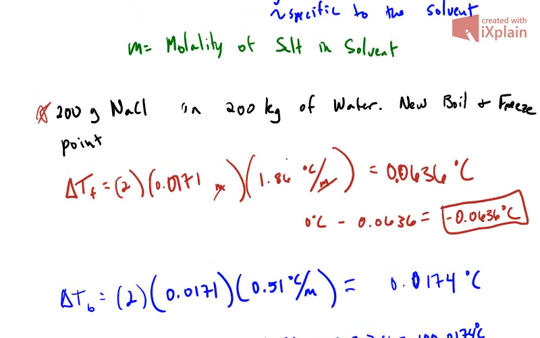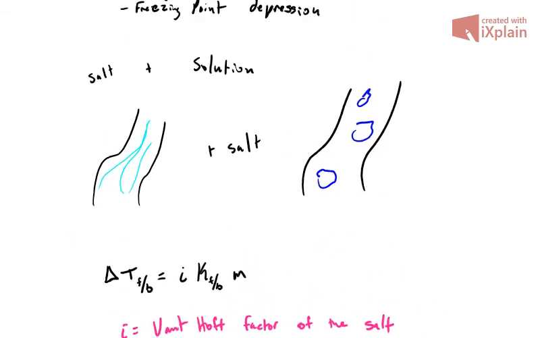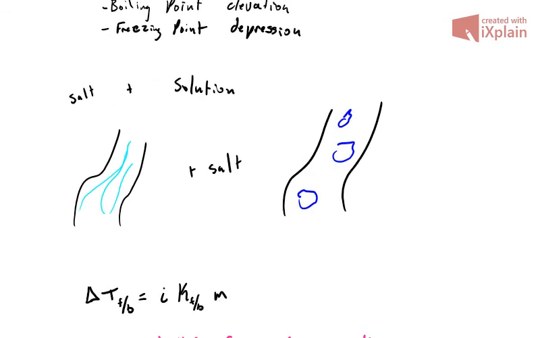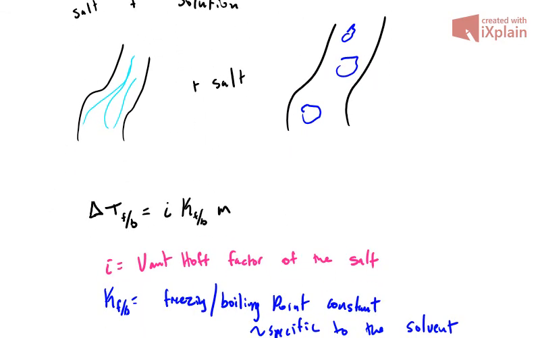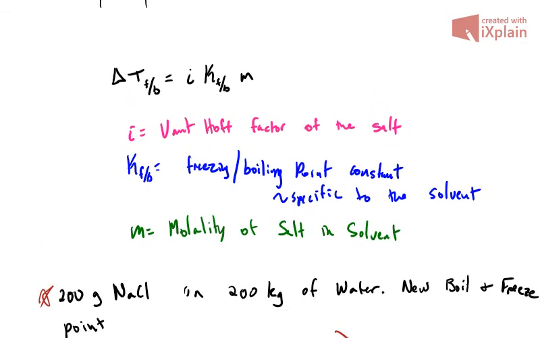This is not a very strong molality solution, so it shouldn't change very much, but that is how you do these calculations. We can find our new boiling points and freezing points. I guess it would be the same thing as the melting point with these calculations.